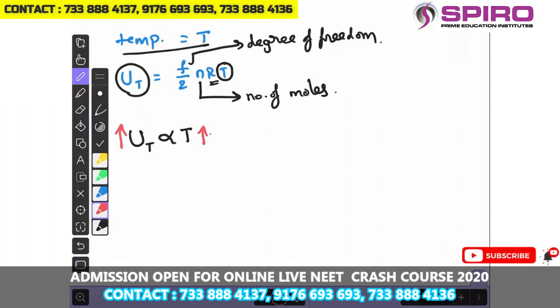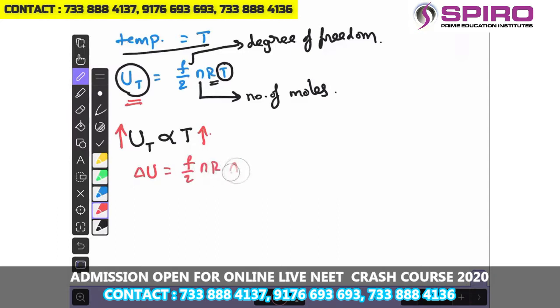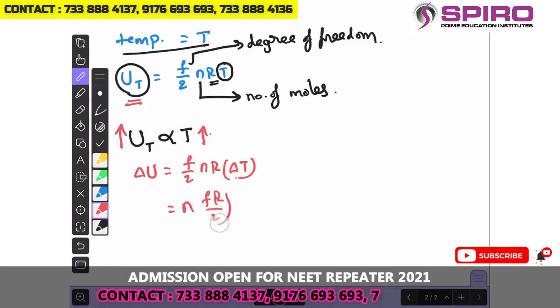If the temperature change is delta T, then the internal energy also will change proportionally. That means the change in the internal energy is given by f by 2 n R into delta T. Here you can also write this as n into fR by 2 into delta T, where fR by 2 is called CV.